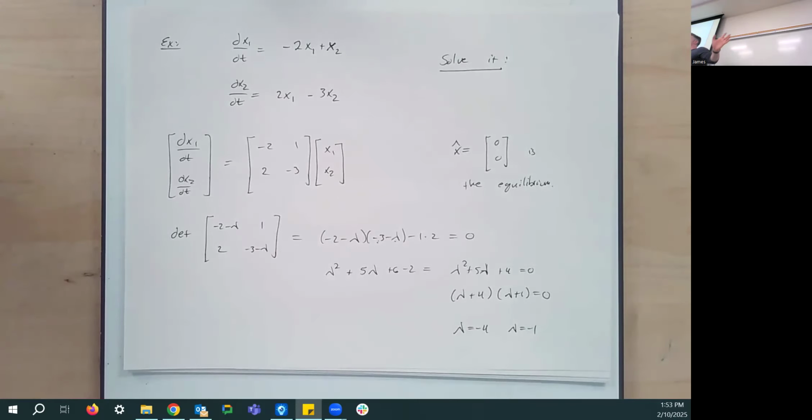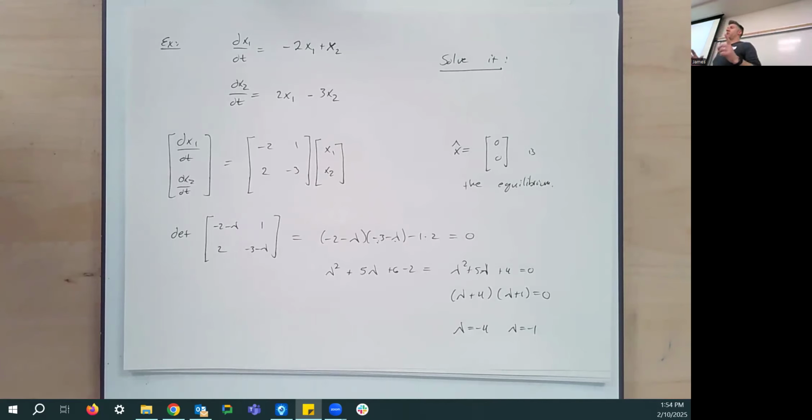So just for future language stuff, you get nodes when the eigenvalues are real. So both positive, unstable node, both negative, stable node, one of each, saddle. When the eigenvalues end up being complex, which we'll see very soon, your equilibrium will be either a stable spiral or an unstable spiral, as opposed to being a node.